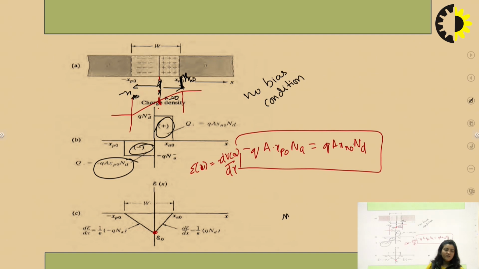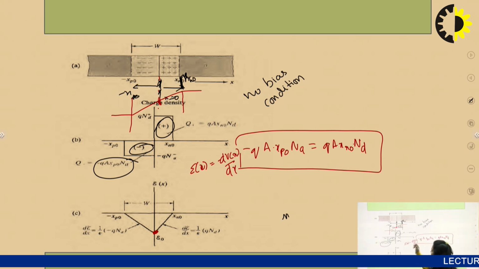Where Vx is the potential. As there is a change in potential going from the P region to the N region, the transition is maximum in the middle, so the maximum electric field is at the junction. As we go towards the N region, it again goes to 0.